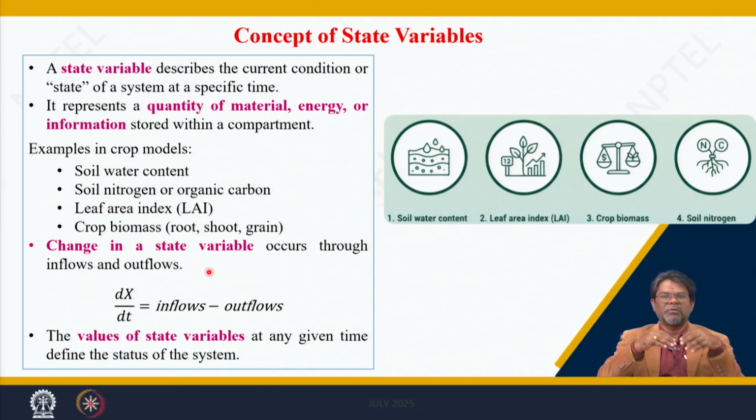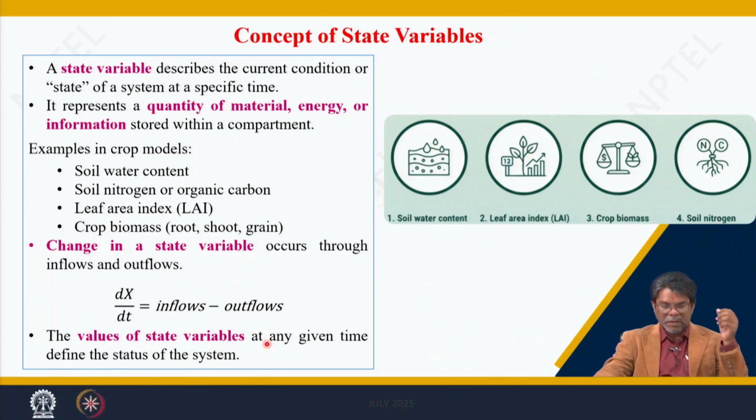Outflows are uptake by the crop, flow from one layer to another, evaporation loss, and percolation loss in the soil profile. So, the change of volume of water in soil with respect to time, dx by dt, is inflow minus outflow. This is how the change in a state variable is represented through the inflow and outflow relationship.